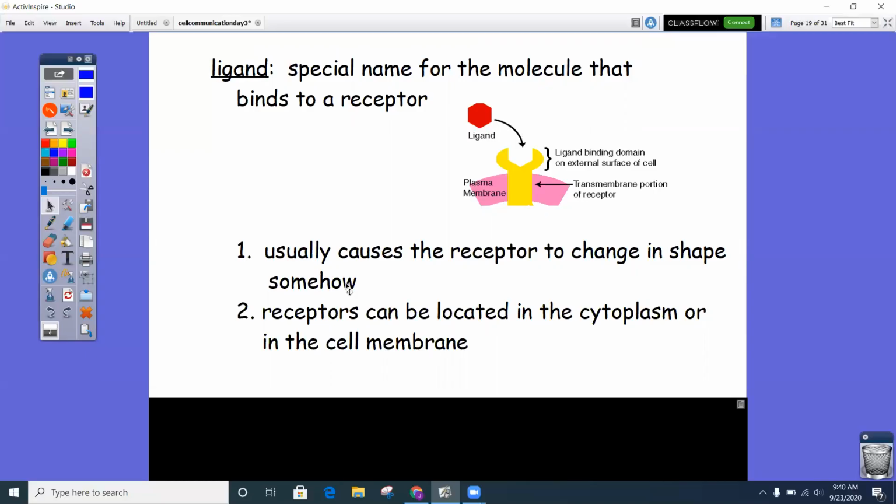That's usually part of the process. And remember that those receptors can either be located in the cytoplasm or in the cell membrane, depending on whether this ligand is protein-based or lipid-based. Okay, that's going to dictate where its receptor is.